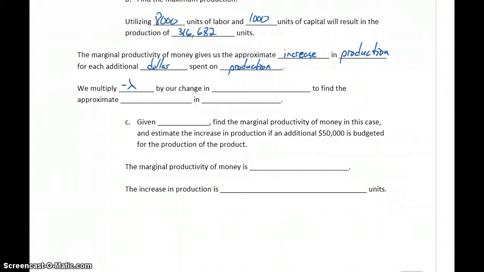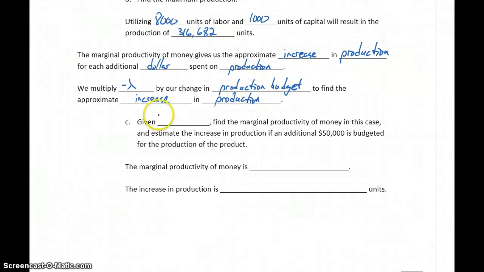So we multiply that by our change in production budget to find the approximate increase in production. If we know our value for lambda, which means we know the opposite of lambda, and we know the increase in our production budget, we can come up with an approximate increase in our production levels.